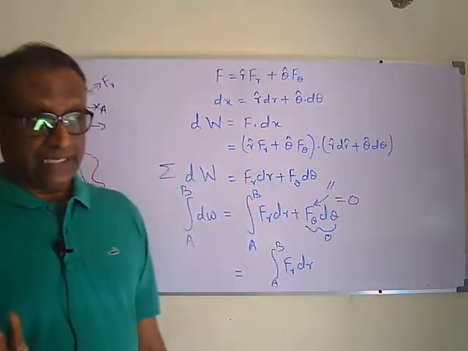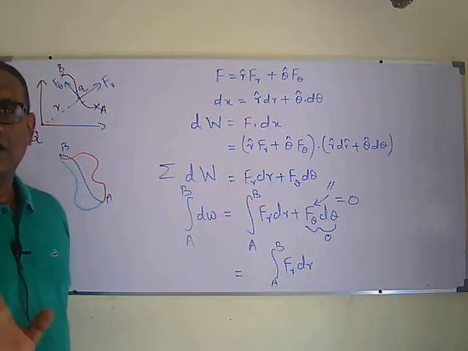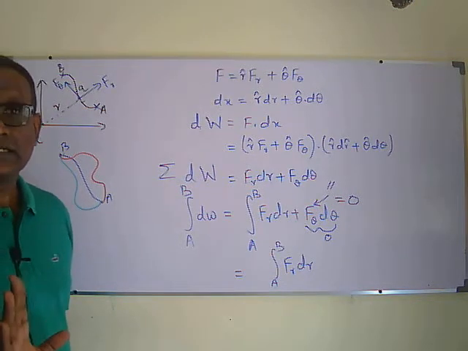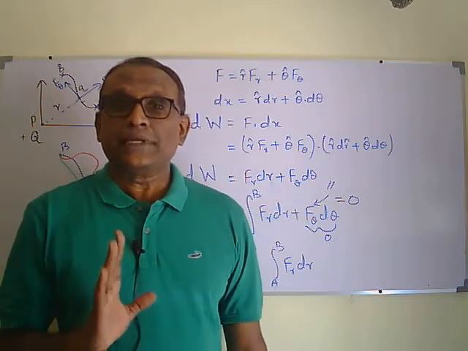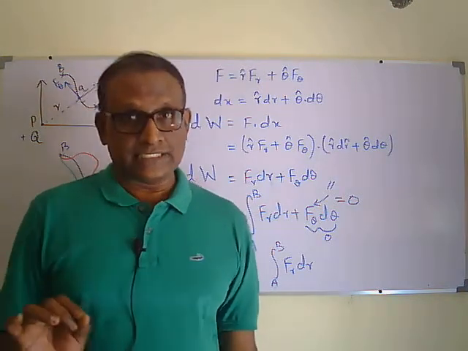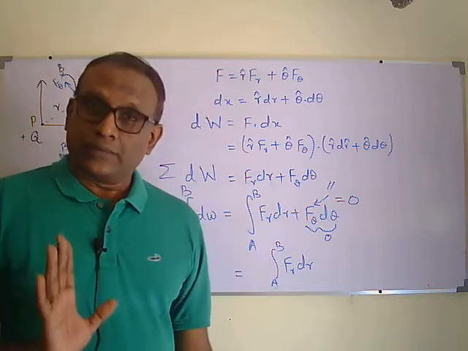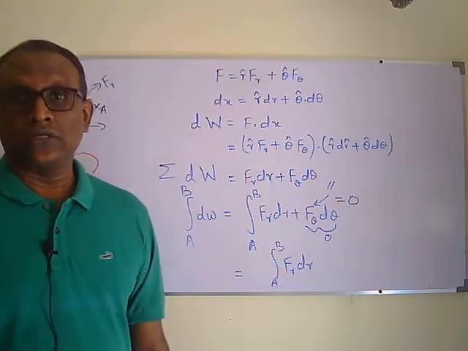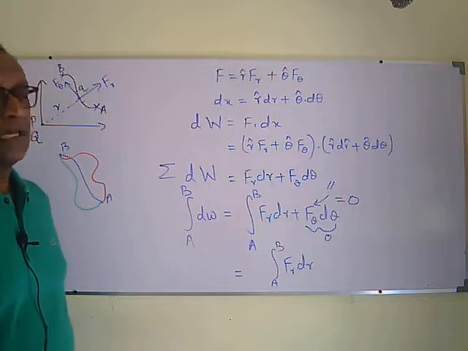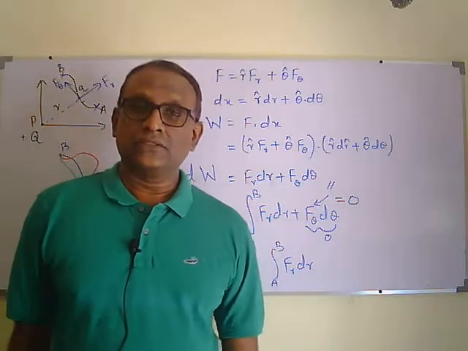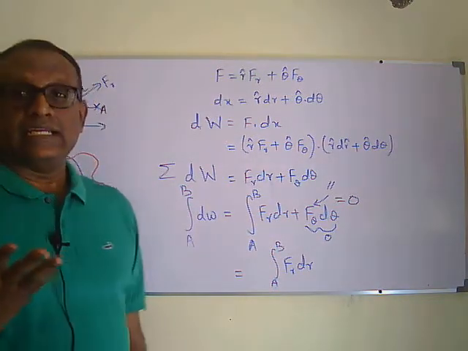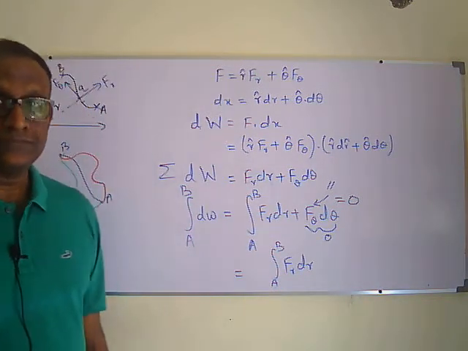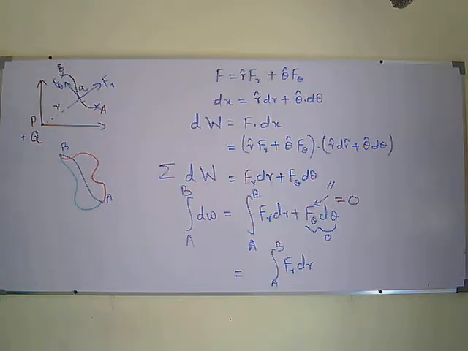So this type of field, a force field in which the work done depends only on the initial and the final position and does not depend on the path, is called a conservative field. So the electric field is a conservative field. Okay, I hope you understood about conservative field.